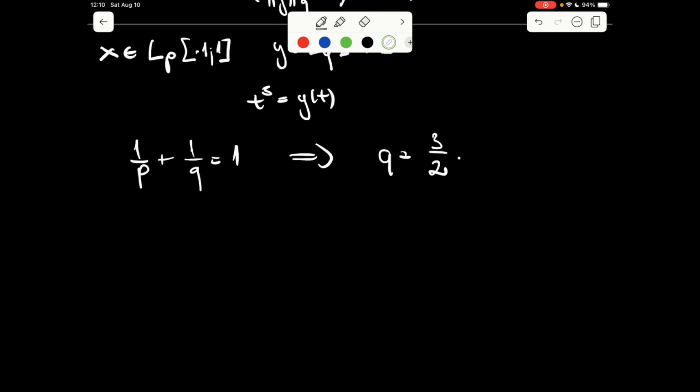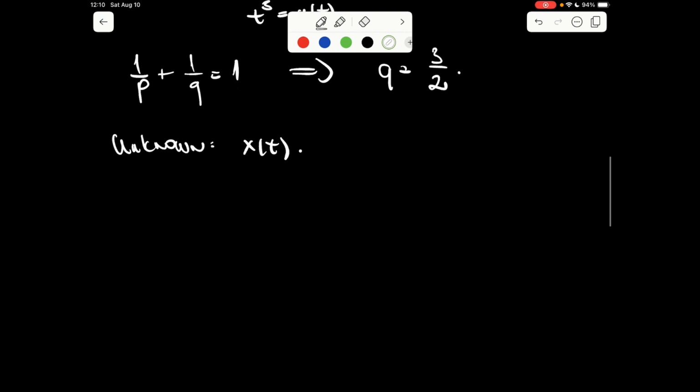So the unknown function x(t). This is the function we are looking for. Of this function, we know the following.